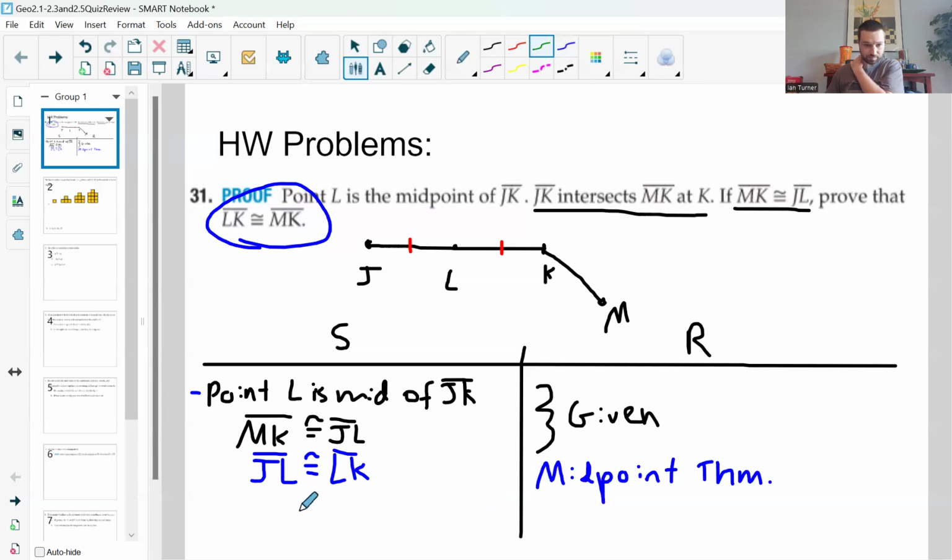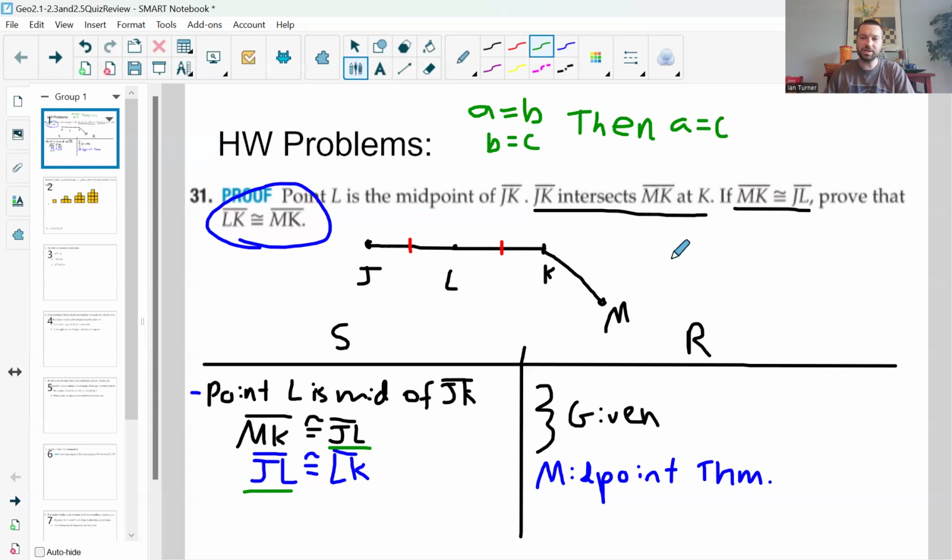Now look at what's happening here. We have JL here and here. Both of these things are equal to JL. There's a property called the transitive property that says if A equals B and B equals C, then A equals C. That makes sense, right?